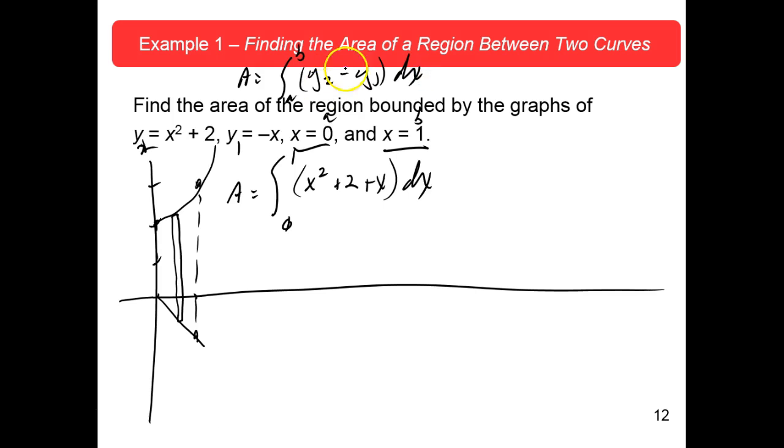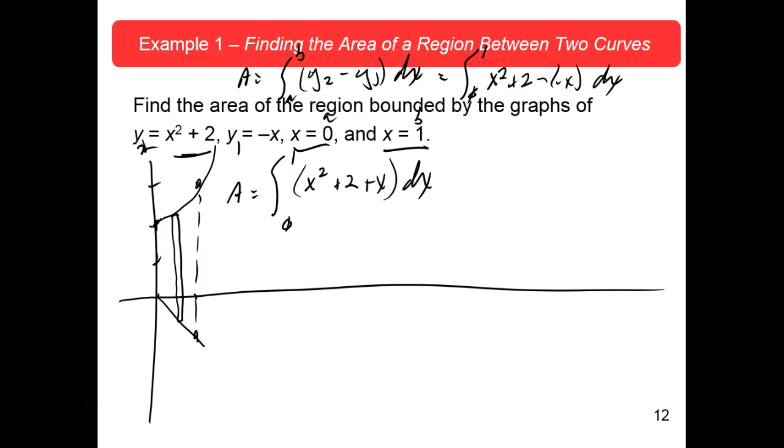And y as a function of x would then be the integral, x equals a would be 0, x equals b would be 1, and y2 would be x squared plus 2 from this one, minus negative x, dx. And that's what produced that. Does that make better sense? Sorry, I skipped a few too many steps.